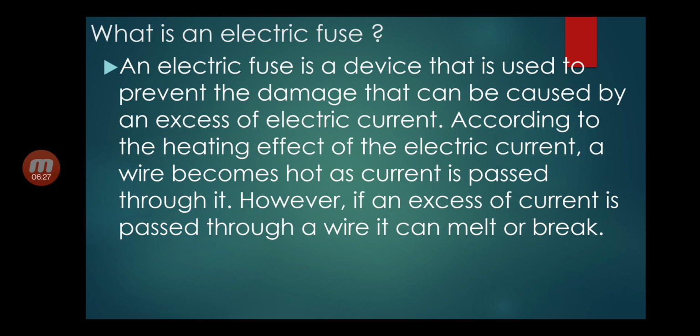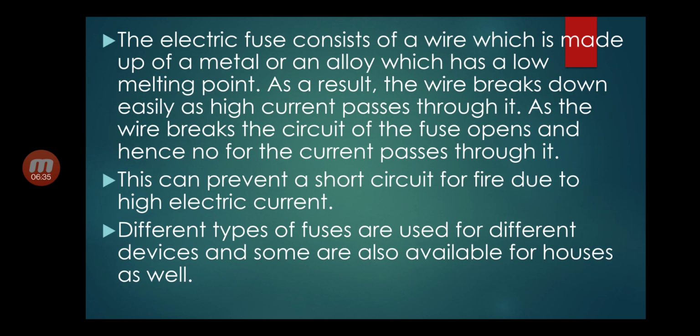However, if an excess of current is passed through a wire, it can melt or break. The electric fuse consists of a wire which is made up of a metal or an alloy which has a low melting point. As a result, the wire breaks down easily as high current passes through it.